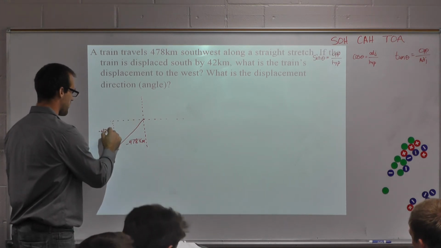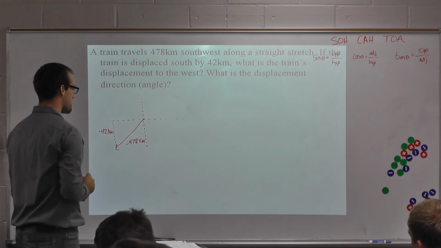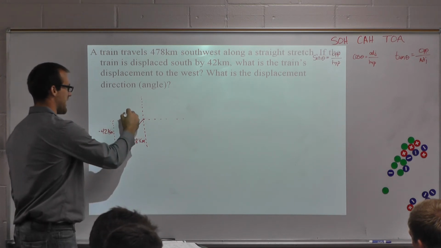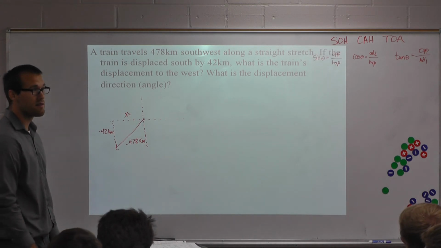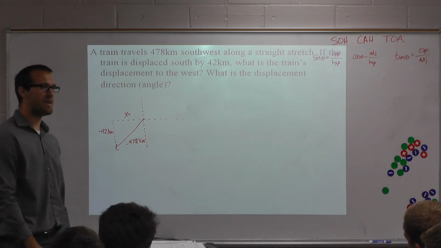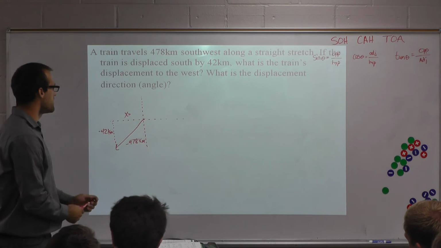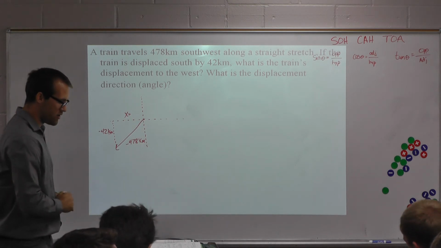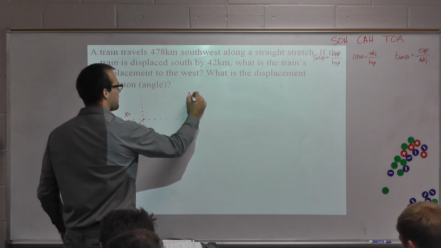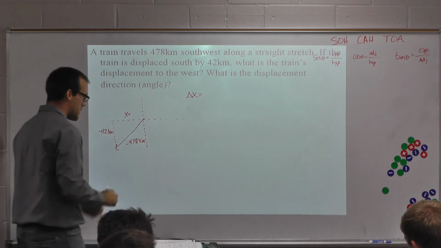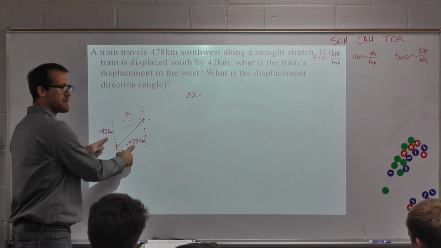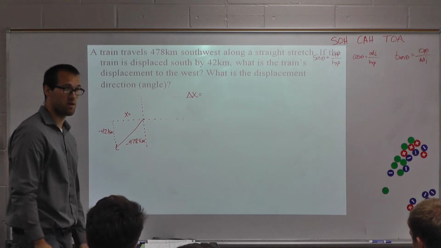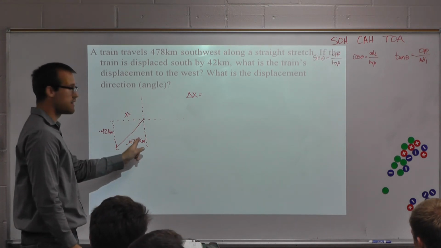Negative 42 kilometers. It first wants us to find your X, which is going to be what direction? South, north, east, west? You would do your Pythagorean theorem. You have to do c squared minus a squared like the previous one, since we're not finding the hypotenuse here.